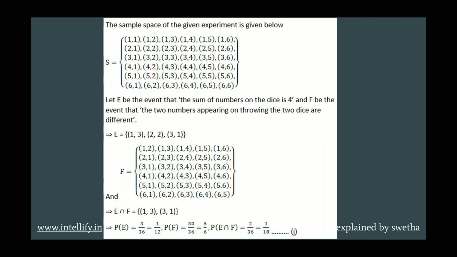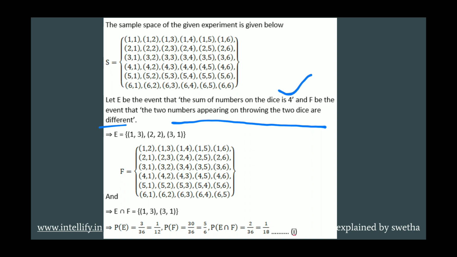Let E be the event that the sum of the numbers on the dice is 4, and F be the event that the two numbers appearing on the two dice are different. So the two dice must be different and also their sum must be equal to 4.